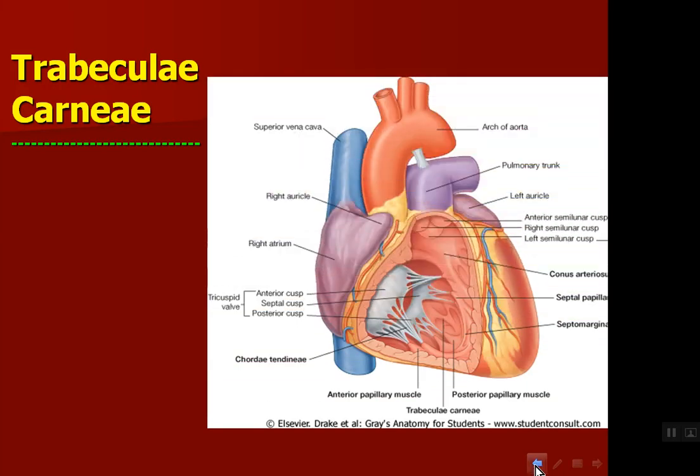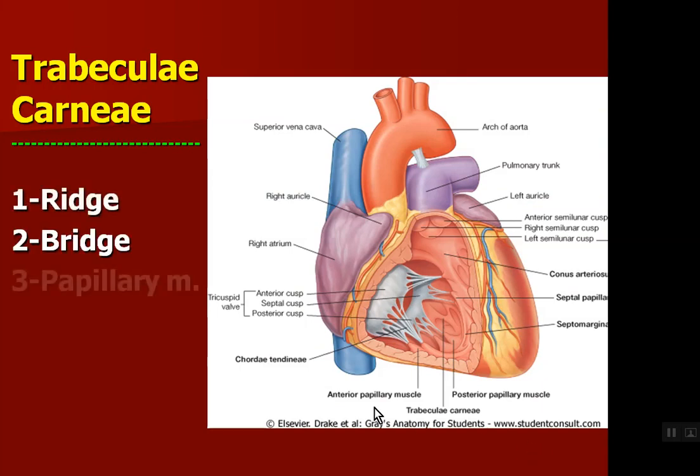In both right and left ventricles, we can see three kinds of muscle: the ridge, the bridge, and the papillary. The ridge muscles are like some lines here, as you see, or trabeculae. And the bridge is a kind of muscle which is suspended between two walls and the cavities.